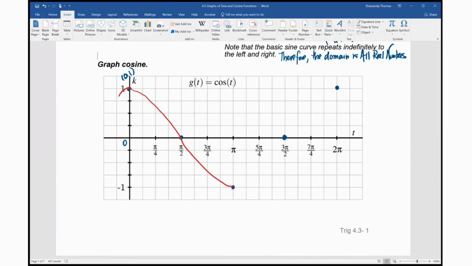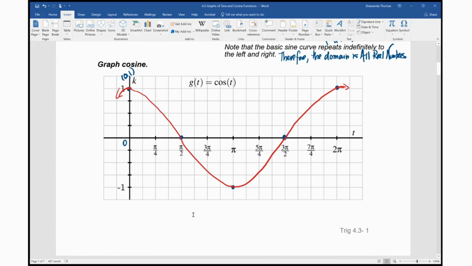And again, it goes on and on and on forever. That's just one period of cosine.